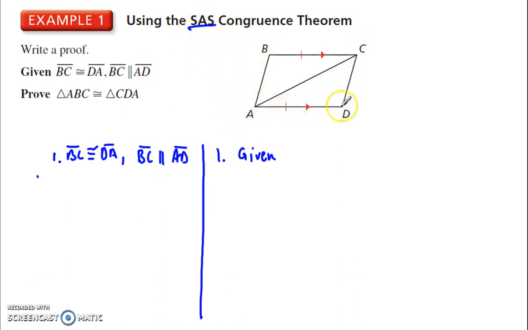Now, that means we need an angle. So we have a side here, and we know that these two are parallel, so this can be considered a transversal between them. So we can take this angle and say alternate interior angles to that one. So angle CAD is congruent to angle ACB.